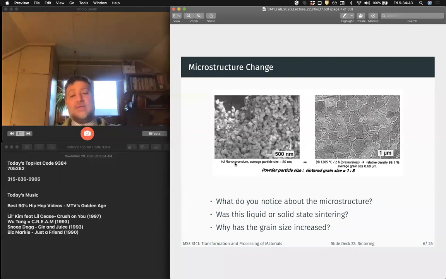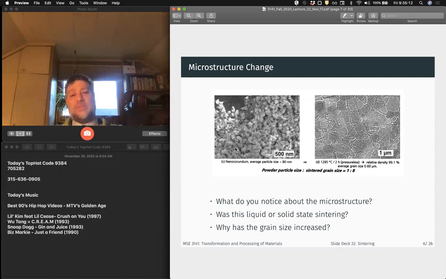So here we have nanocorundum, right? So what's corundum? It's aluminum oxide, or essentially alumina, right? But it's not pure aluminum oxide. It's got some other minor stuff in it. But anyway, this is a 500 nanometer scale bar, right?